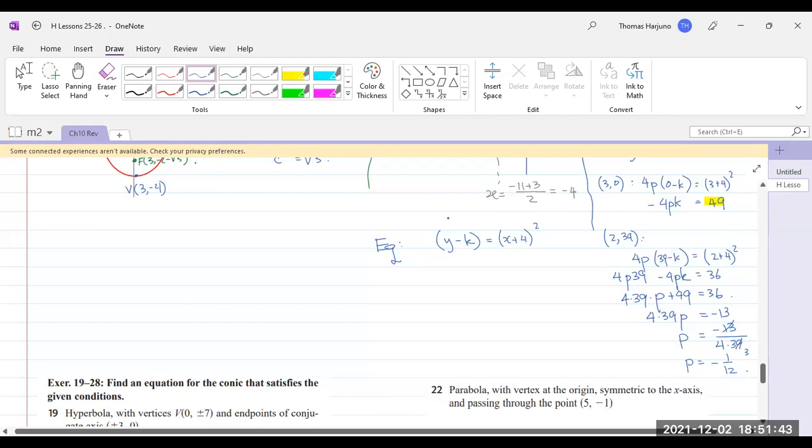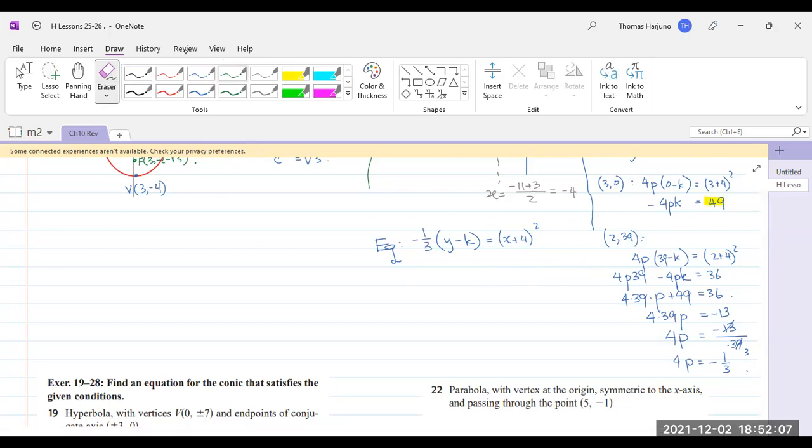Actually, I need 4p though. So 4p will be divided by 39. That's good enough. Negative 1/3. But I still need to find the k.